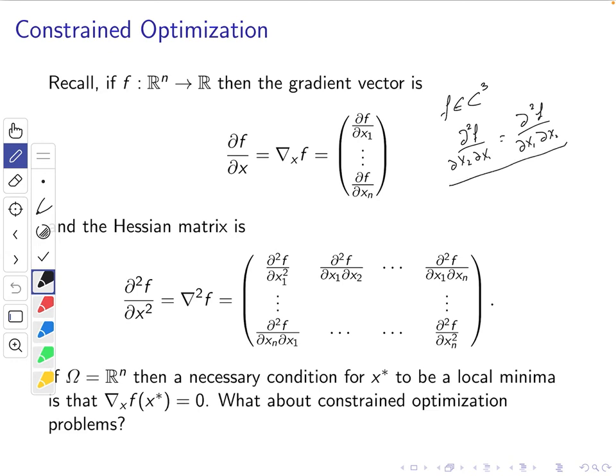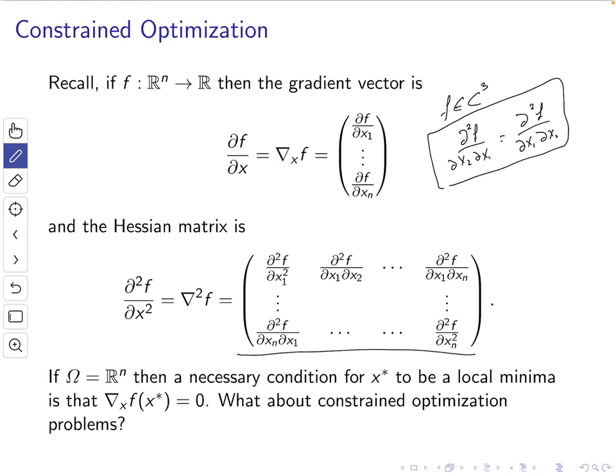This is a basic thing that you prove in, for example, multivariable calculus, and it means that the Hessian is symmetric. So if you call this H, then H is equal to H transpose. The Hessian will be symmetric.